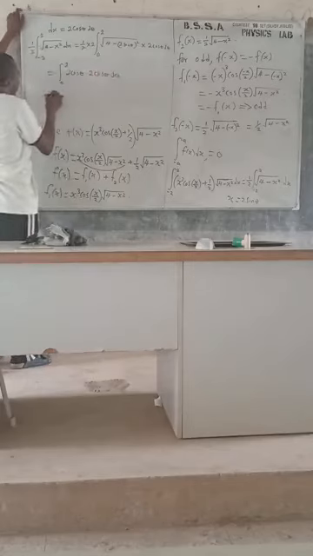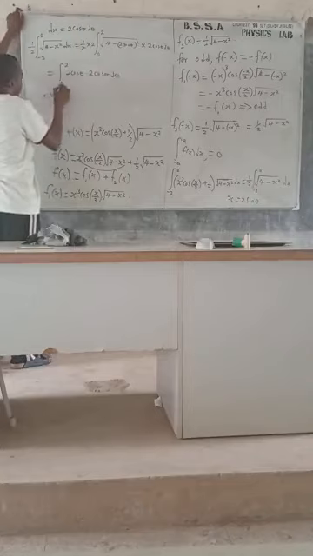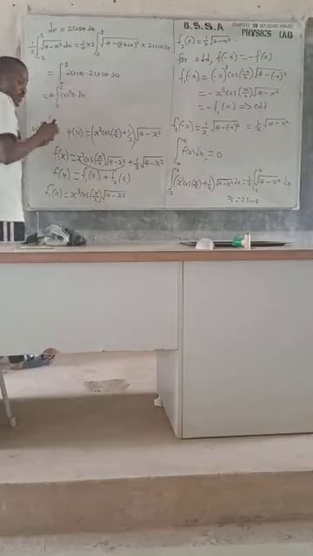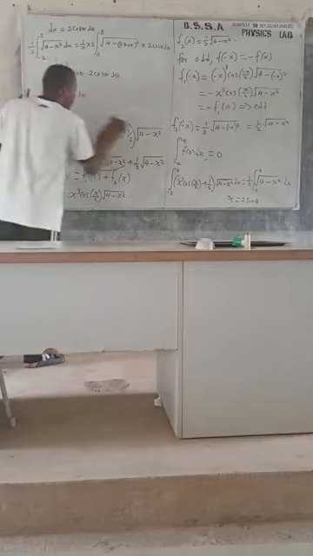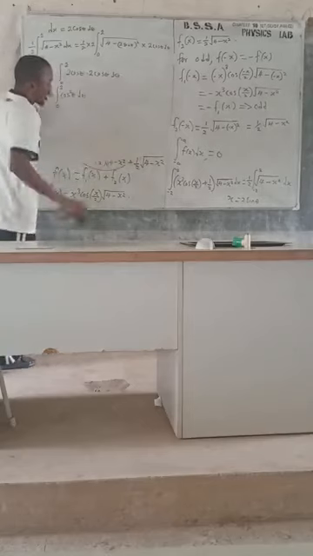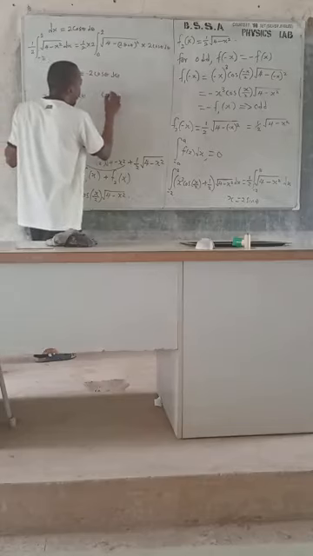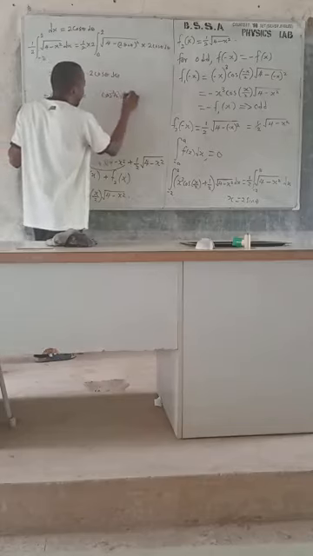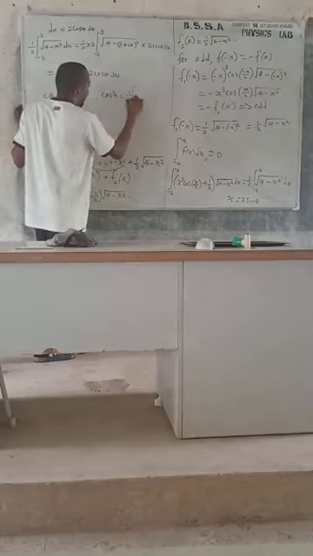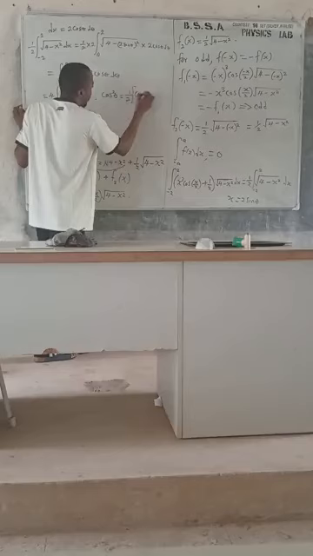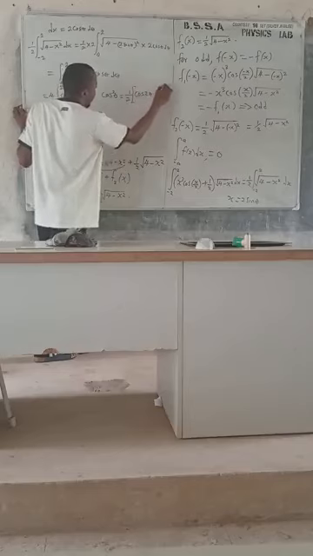This will give us 4 integral 0 to 2 of cos squared theta d theta. And we know from one of the trig identities that cos squared theta can be written as half into cos 2 theta plus 1.